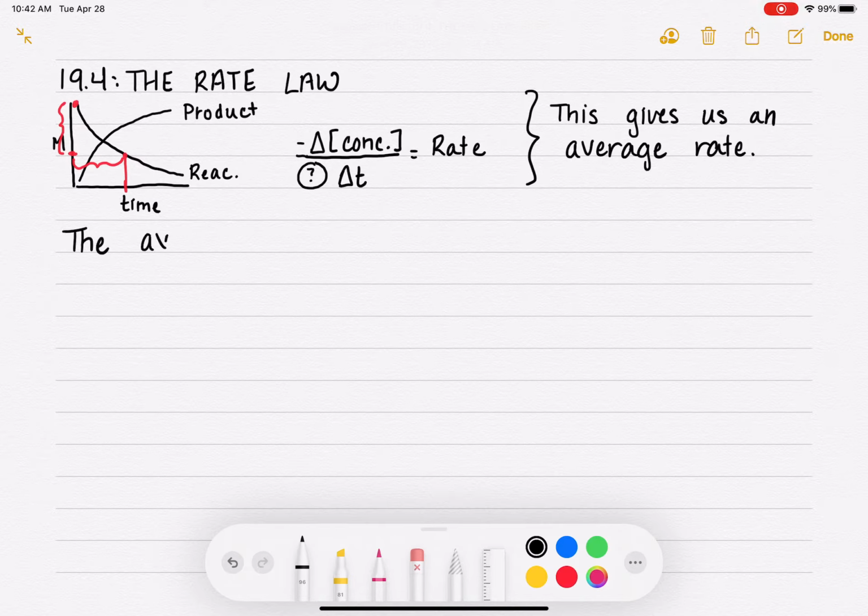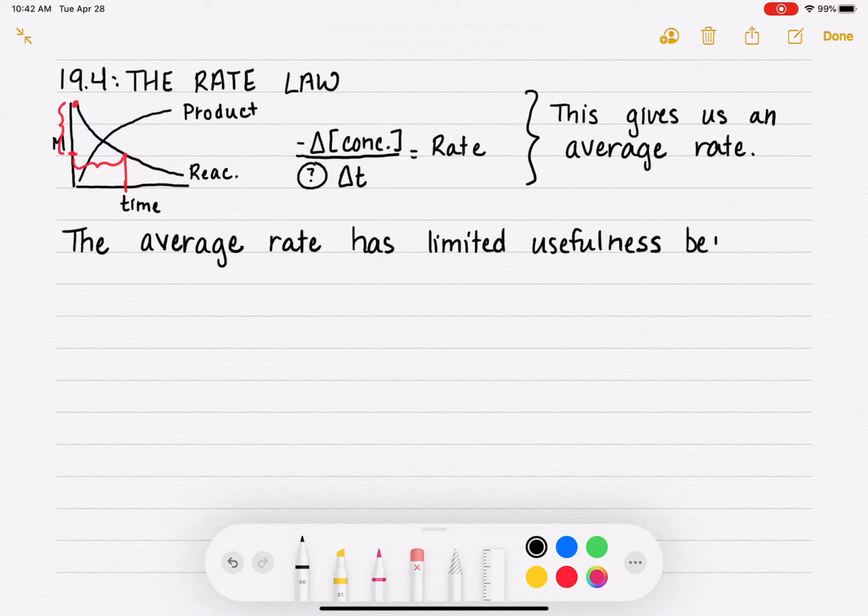So let's make a list of why the average rate is not particularly super. The average rate has limited usefulness. And again, I want to emphasize it's not useless. We are still going to use it, but it does have limited usefulness, and the reason is that it's not a constant.